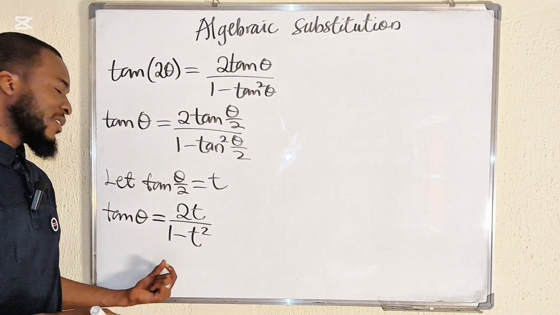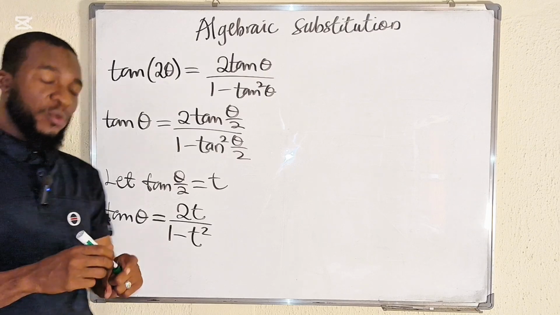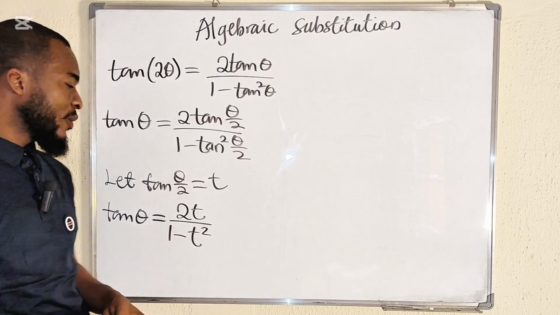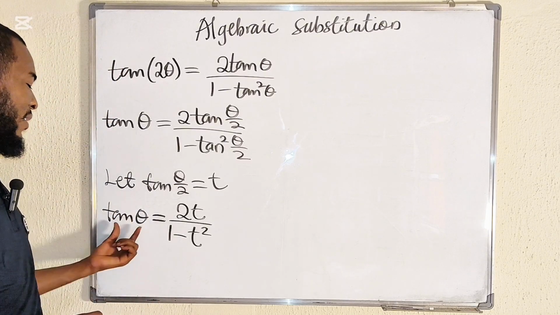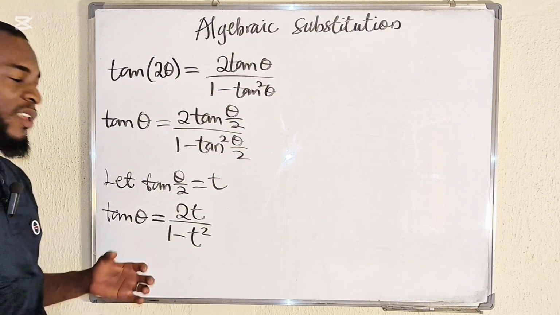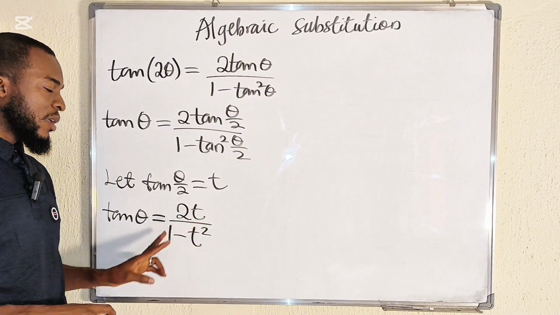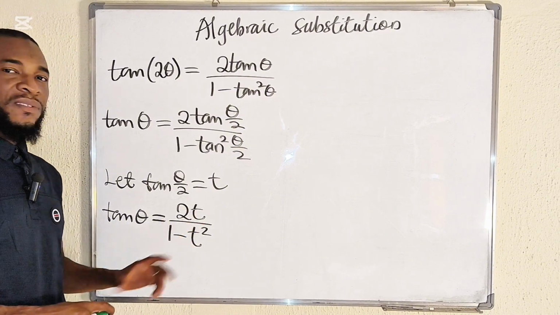So this is our first substitution, which means that whenever you are solving a trigonometric equation where it contains tangent of theta, you can confidently replace it with 2t divided by 1 minus t squared.